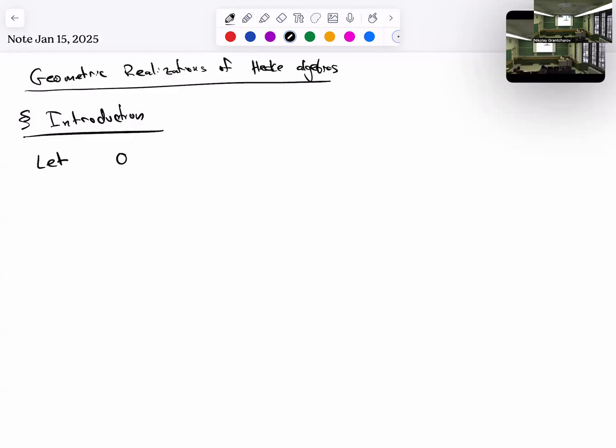We can work over any local field, but just to ground ourselves, we'll work with the p-adic numbers. And then I'll let Z_p be the ring of integers, and k will be the residue field, so it'll be the finite field F_p.